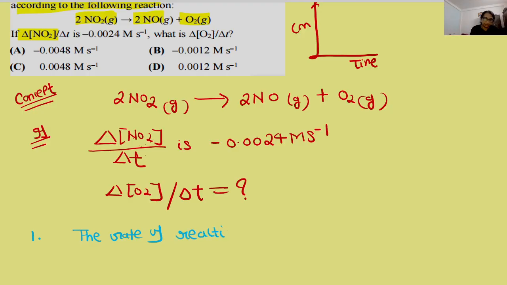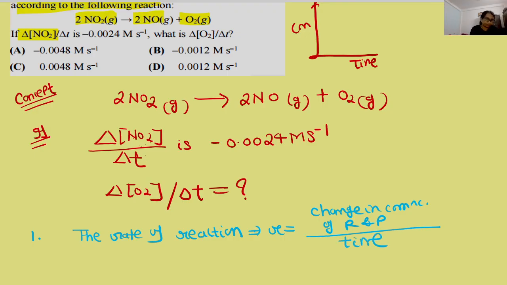The rate of reaction R is equal to the change in concentration of reactant and product both with respect to time. It is the rate of reaction.